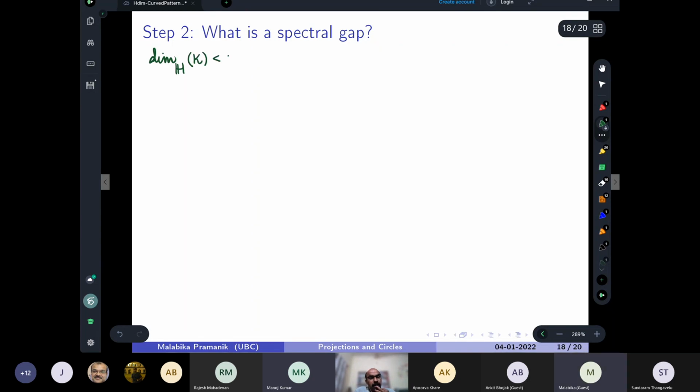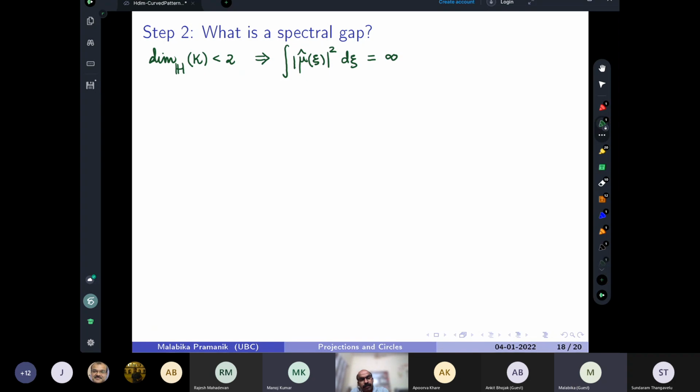As a consequence, I know that no matter what measure you put on it, the L2 norm of that measure has to be infinite, because if it was not infinite, by Plancherel's theorem it would be an L2 density and its support would be of positive Lebesgue measure. So we know that the L2 norm of mu hat is a divergent integral.